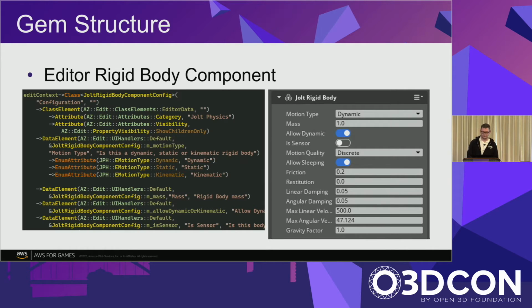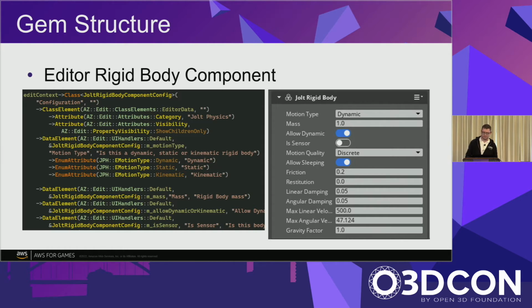All the reflected members will then be visible in the component card, and users will be able to work with them through the editor. Without calling these data elements, basically nothing will be shown in the component card. You will still have a component, but there will be no data to edit in there.